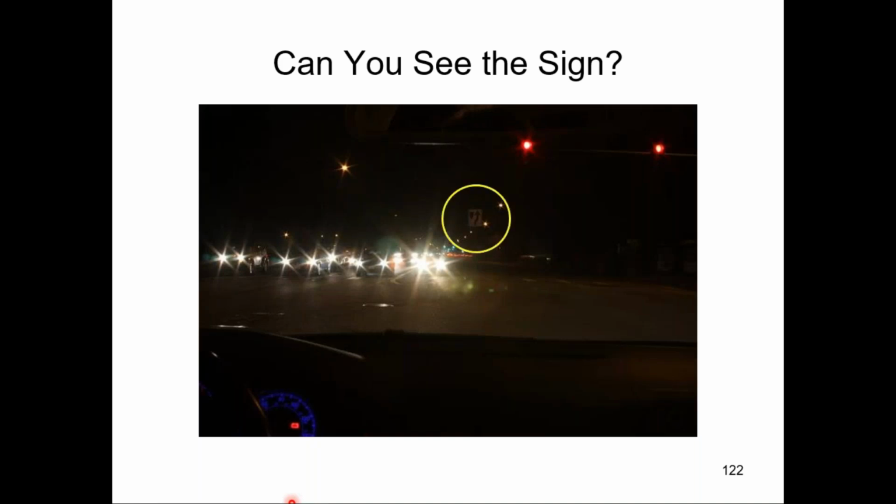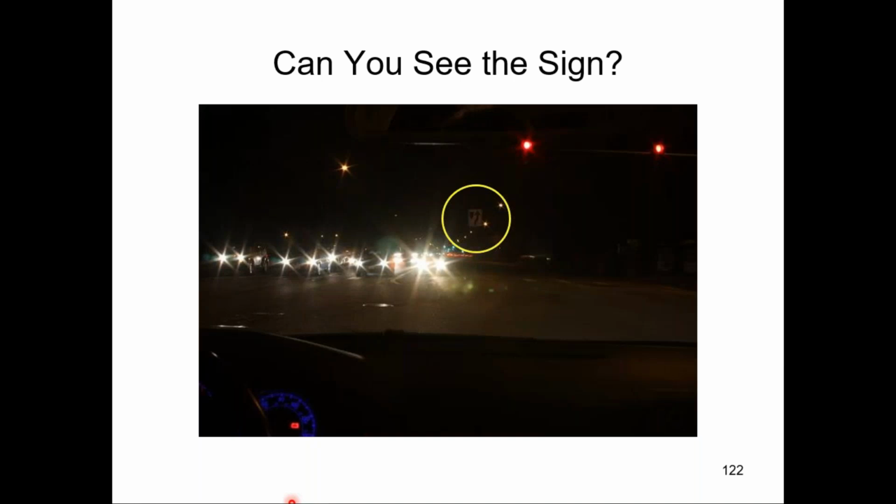And this sign is at the minimum retro value. Can you see it there? There it is, a sign at the end of a median island, a black and white sign. And as I said, the white in that sign is at 50. It's the minimum retro value.